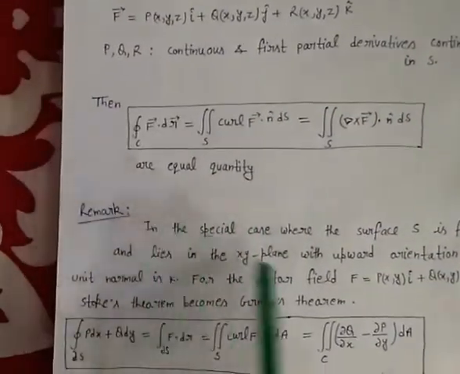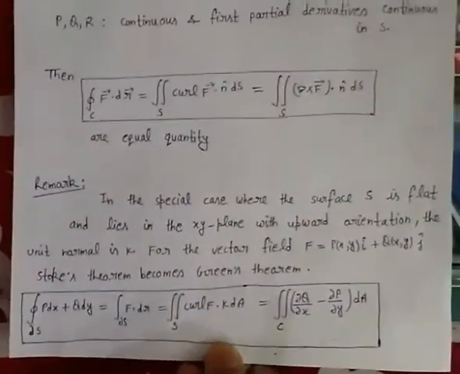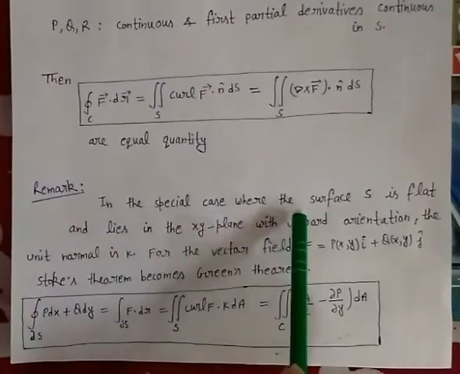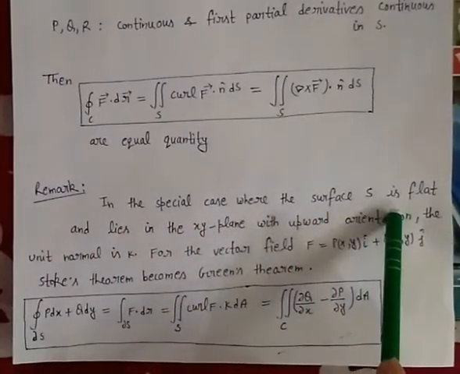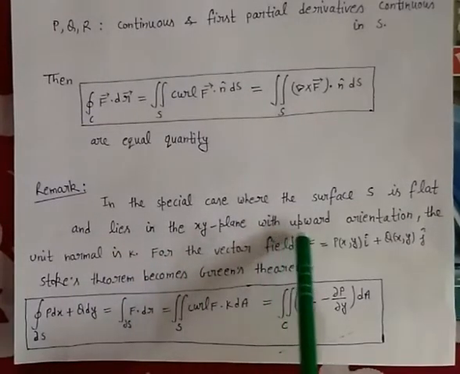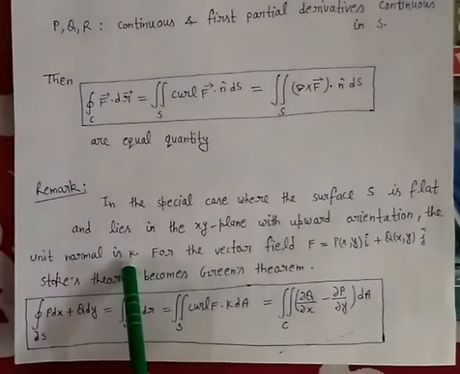There is a remark. The remark says, in the special case where the surface S is flat and lies in the xy plane only, with upward orientation, the unit normal is k.